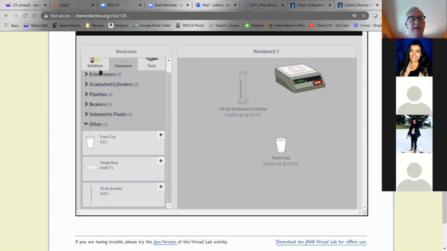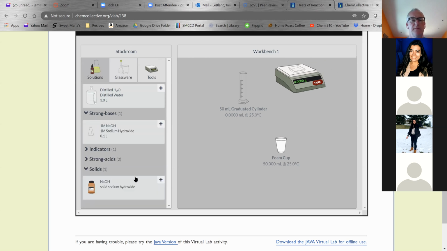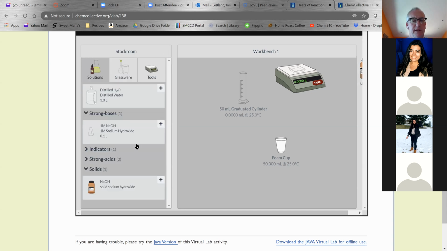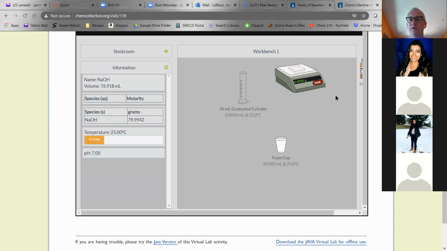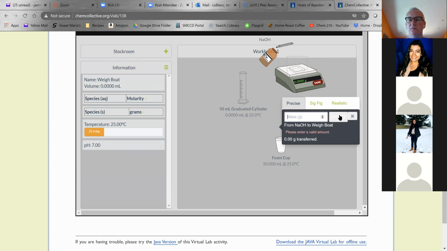So under solutions, I'm going to have strong bases. Solids, here we go. So solid sodium hydroxide. Oops, where'd my sodium hydroxide go? Oh, it's over here. So I put it up here, and a valid amount.